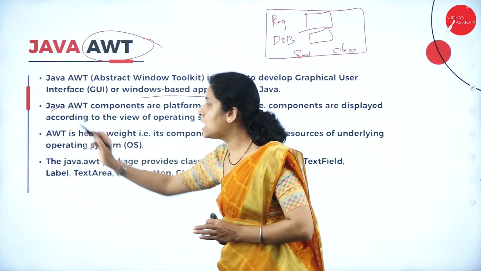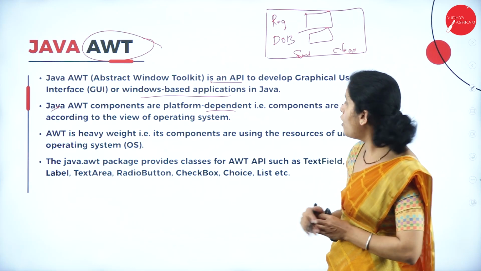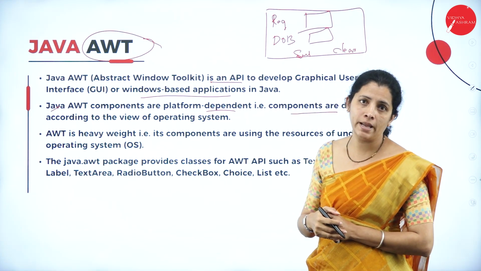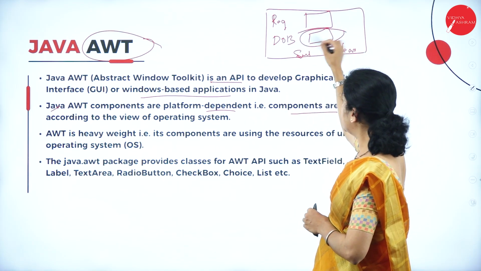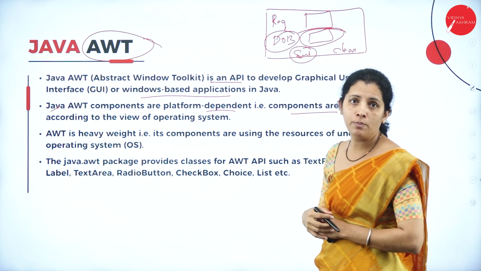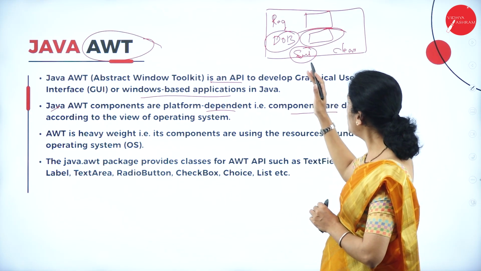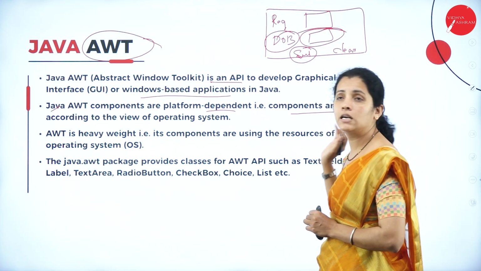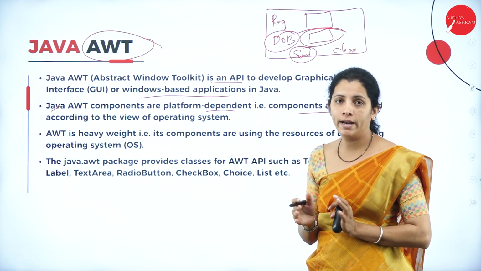So Java AWT components are platform dependent, in the sense that components are displayed accordingly. What are the components? That is the text box, label, button, radio button, checkbox, list, and so on. All these are examples of components, and components are displayed according to the view of the operating system.